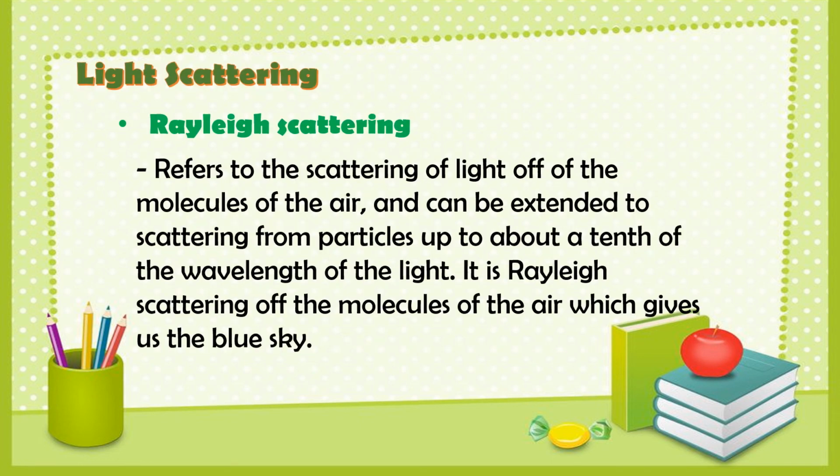Okay, so we have the Rayleigh scattering. Rayleigh scattering refers to the scattering of light by the molecules of the air and can be extended to scattering from particles up to about a tenth of the wavelength of the light. It is Rayleigh scattering by the molecules of the air which gives us the blue sky.